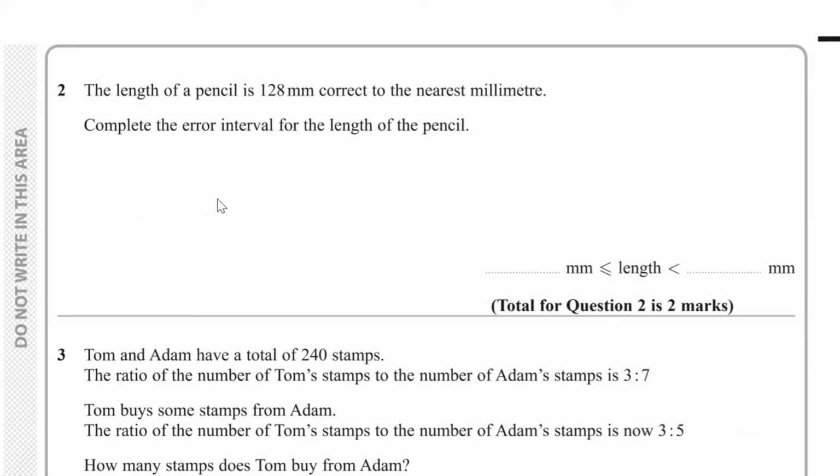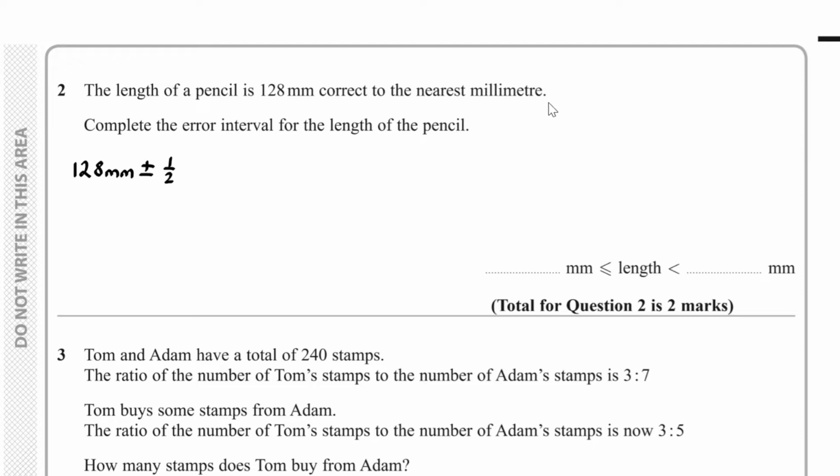For question 2, the length of a pencil is 128 millimeters correct to the nearest millimeter, and we have to complete the error interval for the length of the pencil. Well, here we have to consider our lower and upper bound. So we have 128 millimeters, and then we plus and minus 1/2 of our unit.